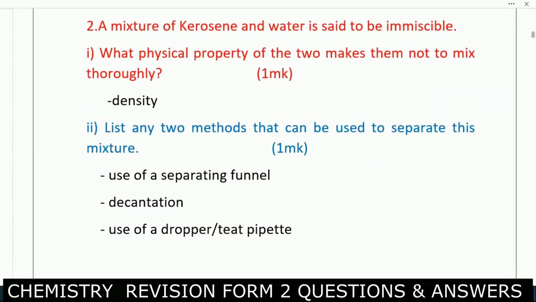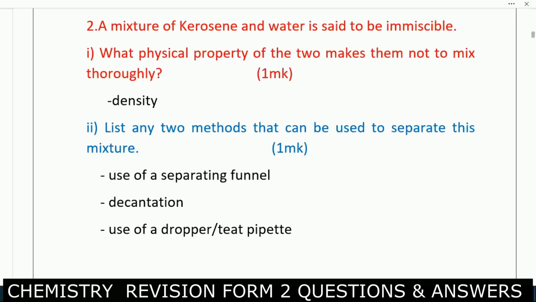A mixture of kerosene and water is said to be immiscible. What physical property of the two makes them not to mix thoroughly? That one is density. They vary in density. That is the property.